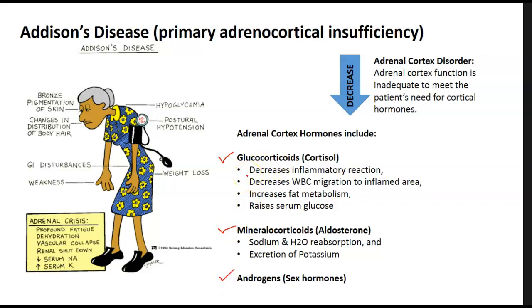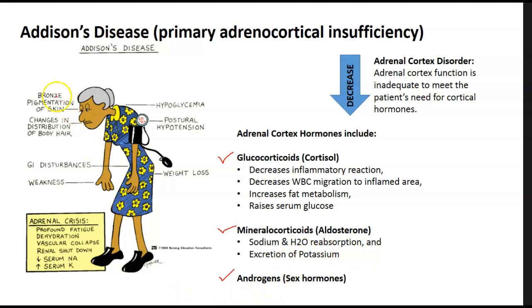Cortisol basically will decrease inflammatory reactions, increase fat metabolism, and raise serum glucose. Aldosterone is responsible for sodium and water reabsorption and the excretion of potassium. And androgens are sex hormones.